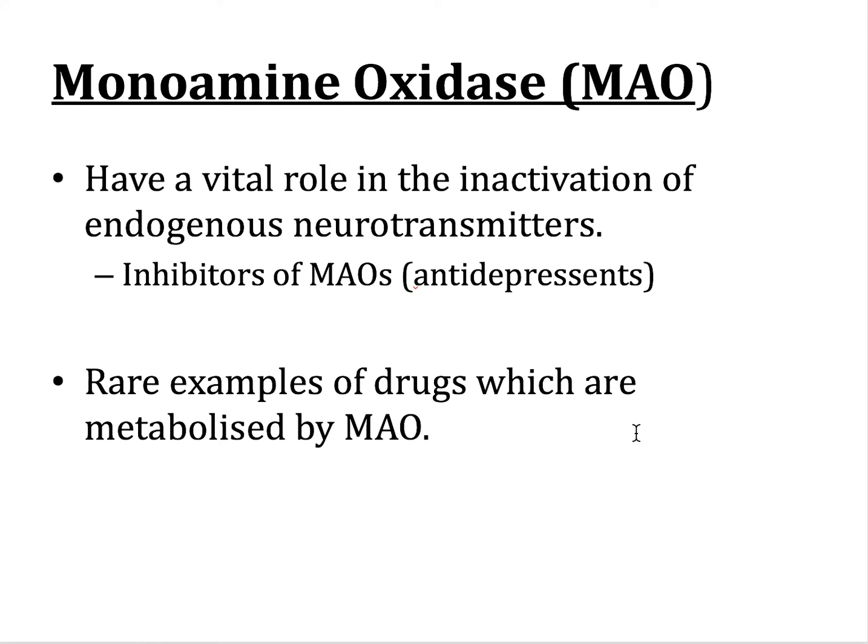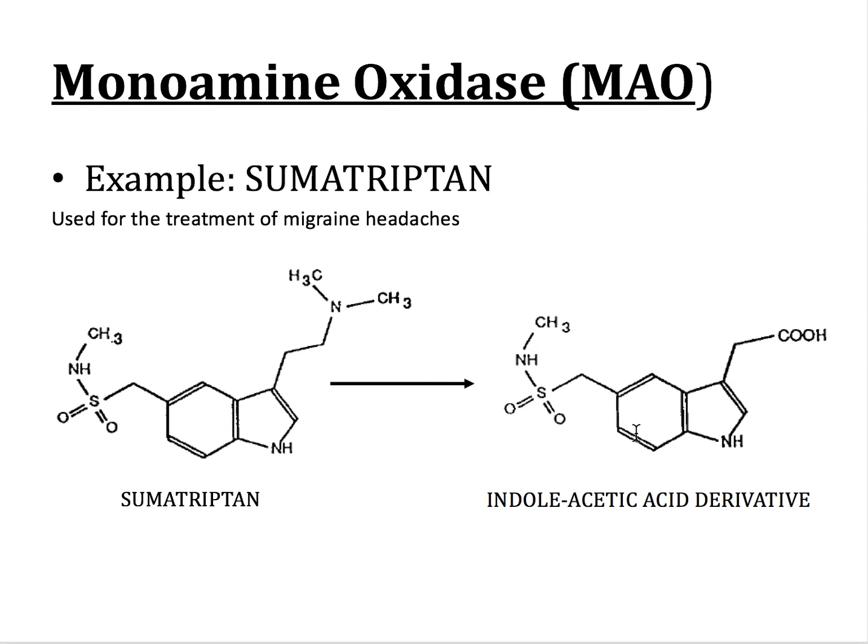Inhibitors of MAOs are usually antidepressants. A rare example of a drug metabolized by MAO is sumatriptan, which is usually given to treat migraine. In this case, what you want to look for is the NH, so a tertiary, primary, or secondary amine.